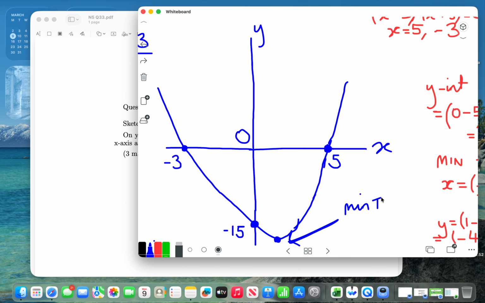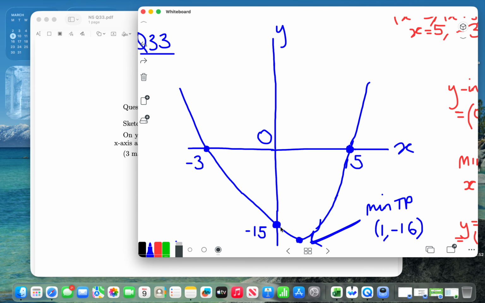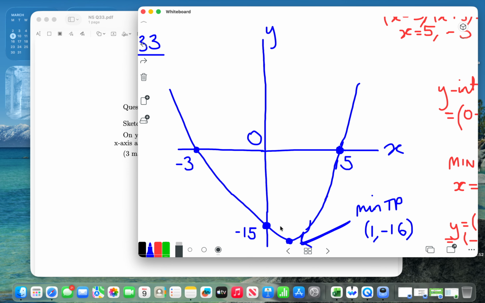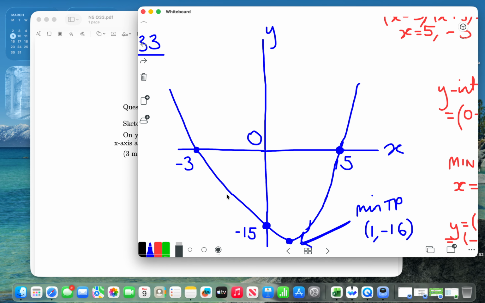Minimum turning point is going to be (1, minus 16). So that includes all of the information that they asked for in the question. The points of intersection are given and the minimum turning point is marked.